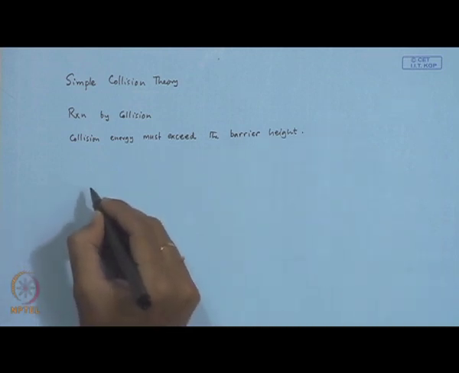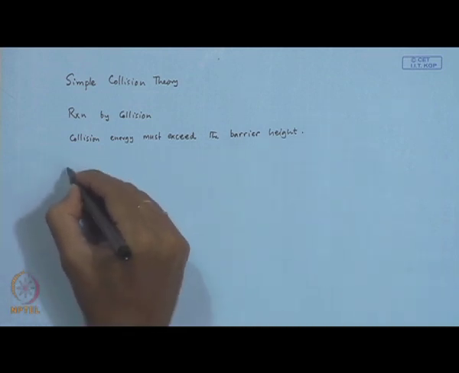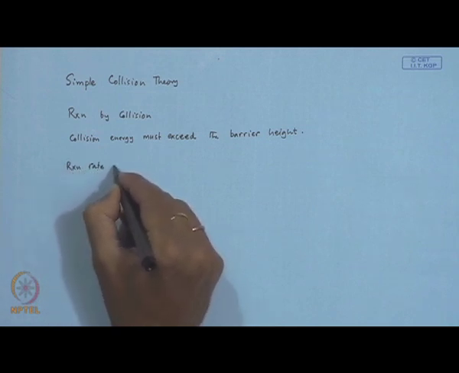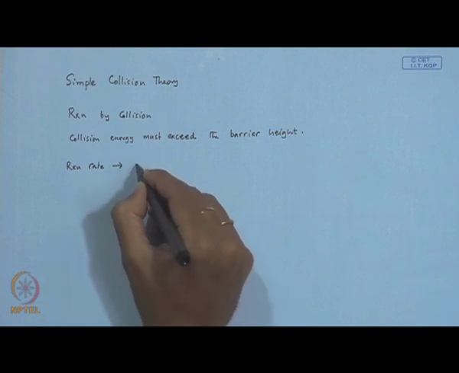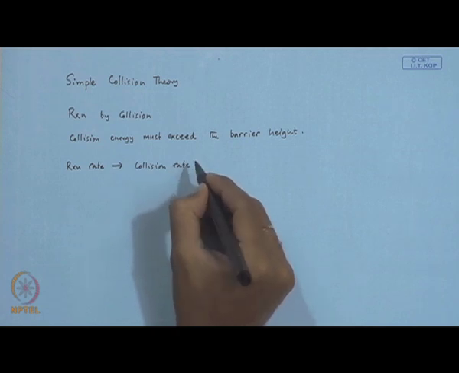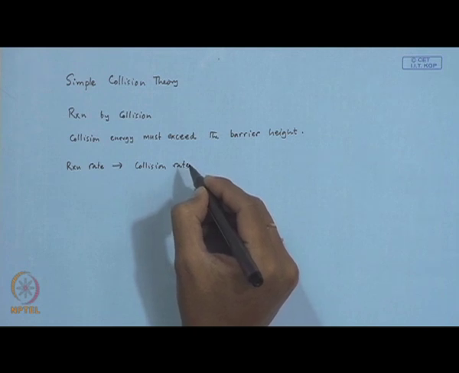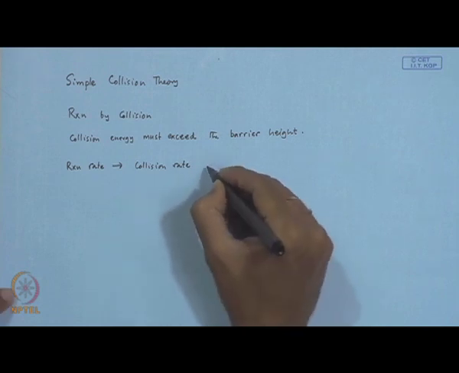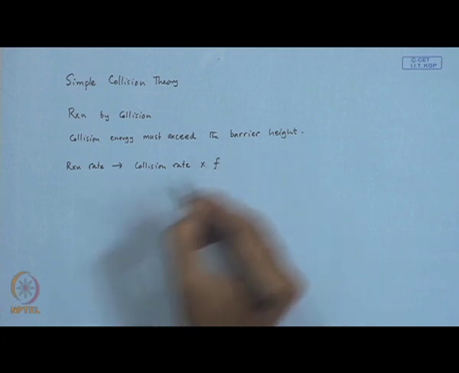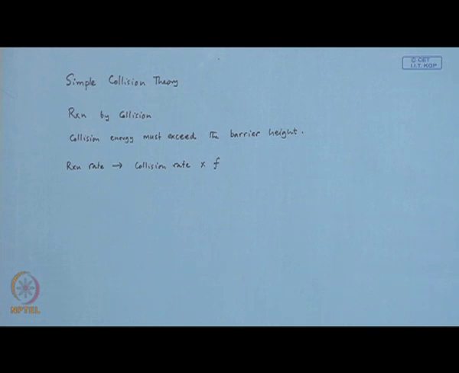So, the reaction rate can be written as the collision rate times a factor f, which represents the fraction of collisions with energy exceeding the barrier height, that is E0.